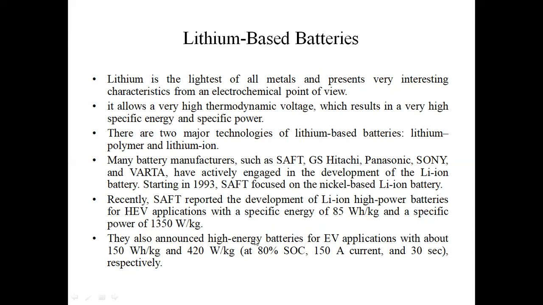They also announced high energy batteries for electrical vehicles with about 150 watt-hour per kg and 420 watts per kg, at 80% SOC, 150 ampere current rating and 30 seconds respectively. These lithium batteries were implemented by the company SAFT. This is the total information related to batteries.